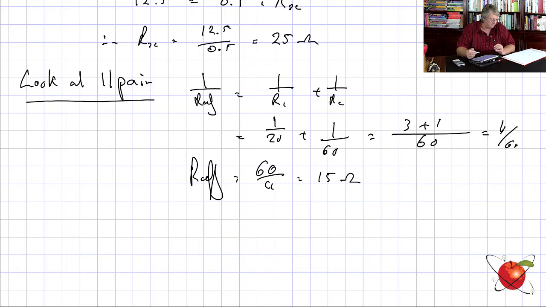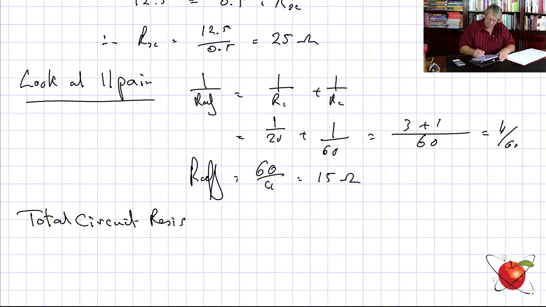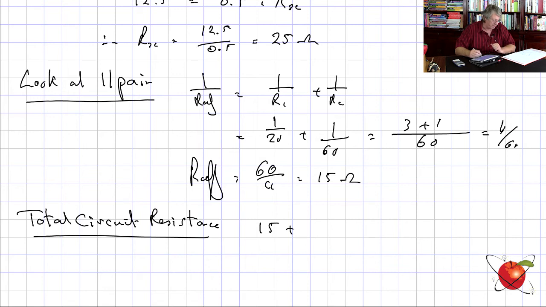So therefore, what is the R for the circuit? The total circuit resistance is 15 plus Rx, which is 25, equal to 40 ohms.